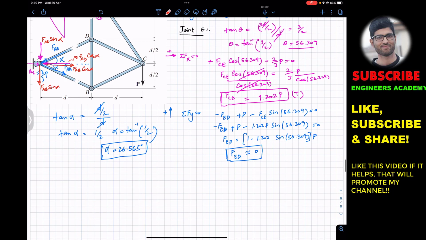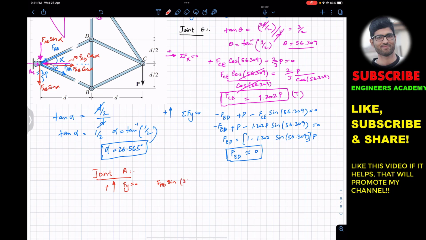Now considering joint A, if I apply the summation of forces along y, the summation of forces along y will be equal to 0, and the upward direction is considered to be positive. So now we have this sine component acting in the downward direction and this sine component acting in the downward direction. So we will have FAD sine of alpha.